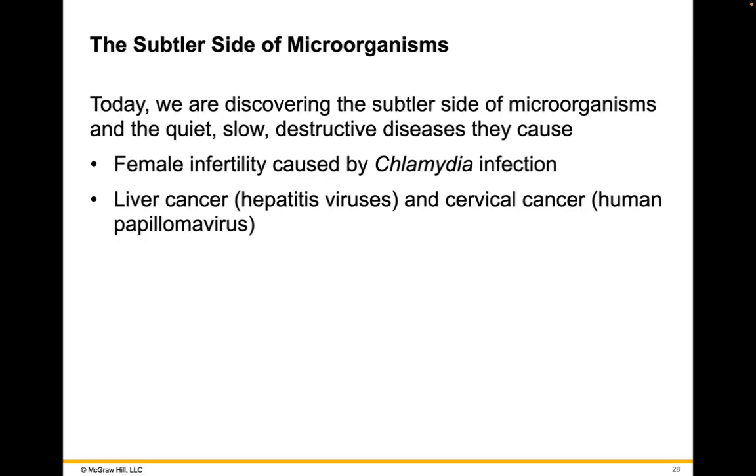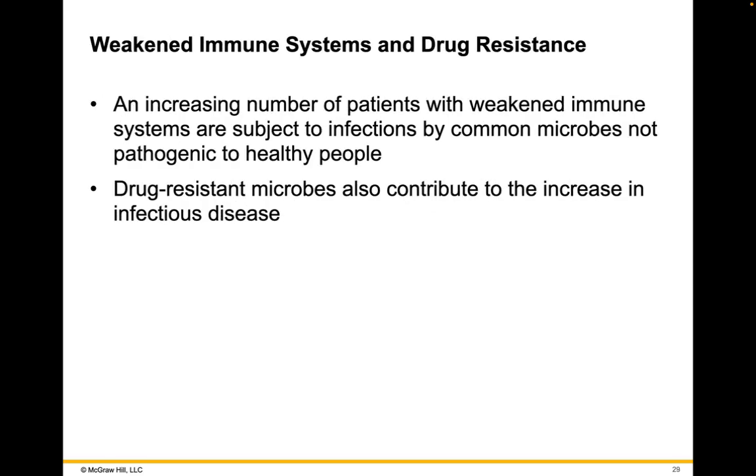So today we're discovering that there's this side of microbes that is slow and quiet and has gone undetected, or we've been unaware of as far as destructive diseases. For example, chlamydia infection does cause female infertility, and some liver cancers, specifically hepatitis viruses, can cause that, as well as the human papillomavirus, which can cause cervical cancer.